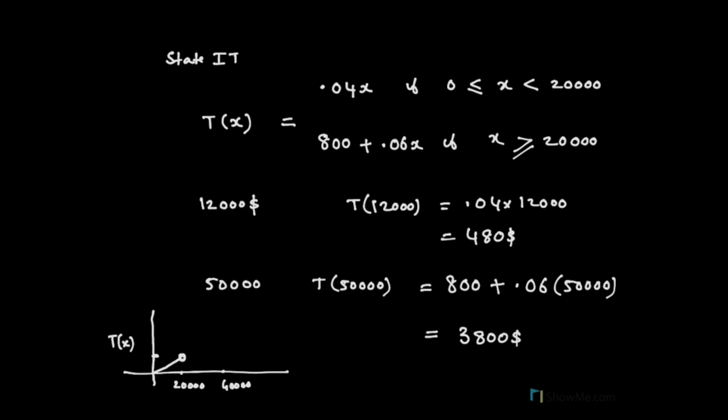After 20,000, there is a sudden jump here. Now I am taking this as 1,000, this is 2,000, and this is 3,000. So here there is a break in the graph, a discontinuity, and then it goes up even more steeply. So this is how the tax function would look in a graph.